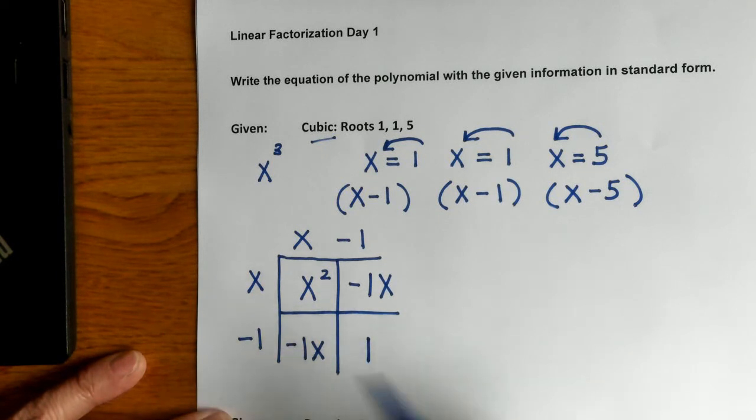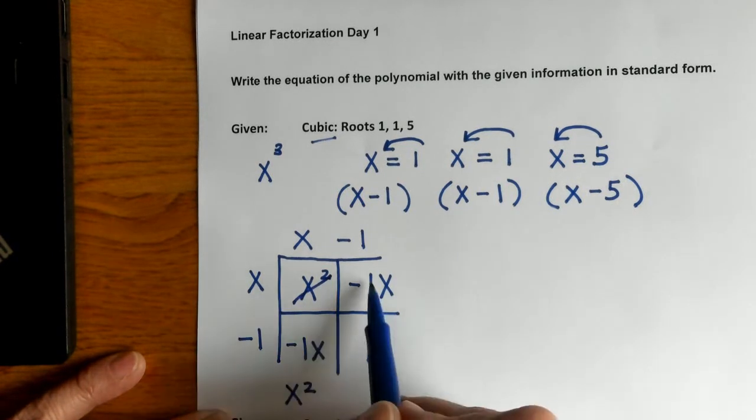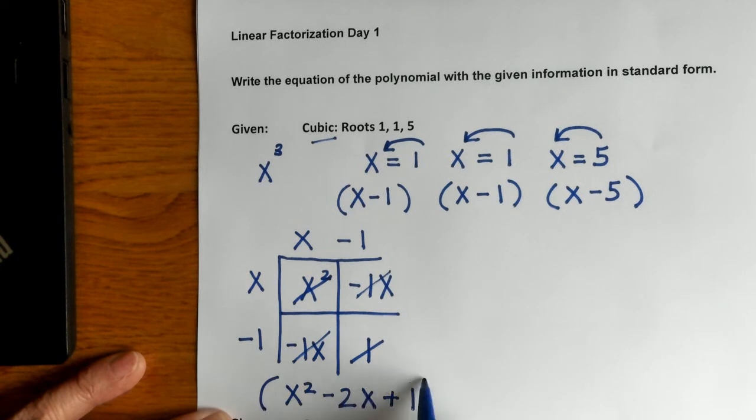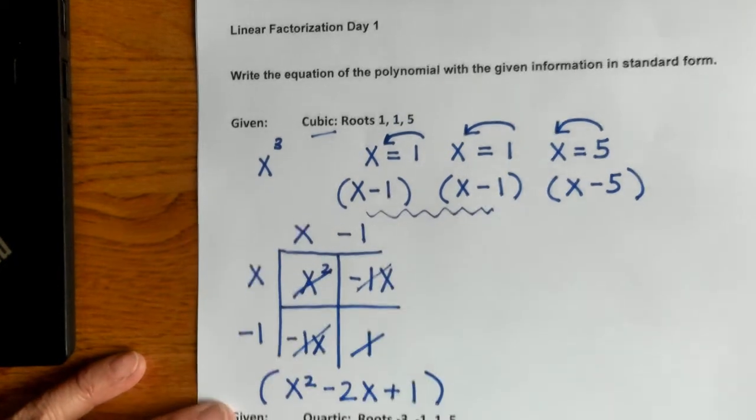Now we're going to combine like terms. So I have x squared, cross it out. I have minus 1x and a minus 1x, which means minus 2x. And I have a positive 1 for my constant. That was created again by multiplying these two together.